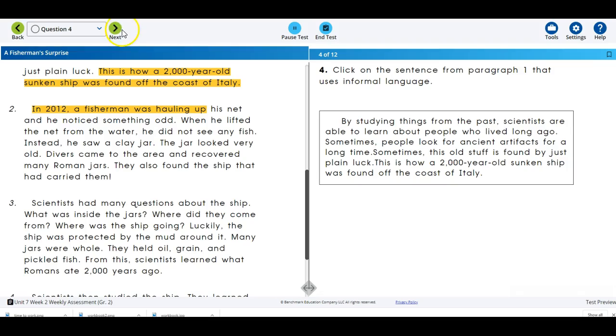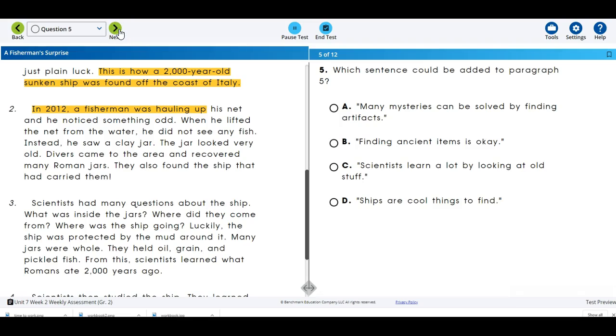Question 4. Now we're talking about informal and formal language. Remember, what's informal language? Okay. I see something that jumps out. Remember, informal is kind of how we talk, not necessarily how we write. Question 5. Which sentence could be added to paragraph 5?